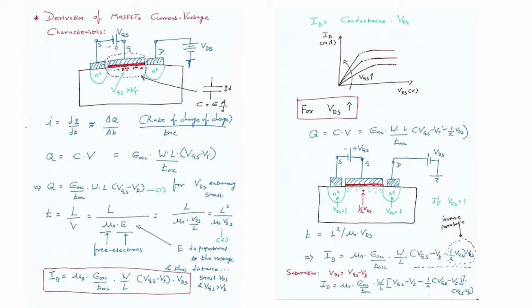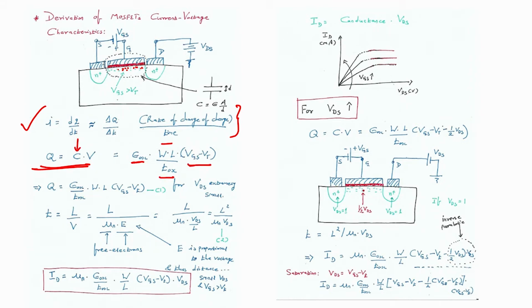But we also know that current is dq by dt, the rate of change of charge with time. Now, what is charge? Charge is C into V. Using the formula for C, epsilon naught W L by T oxide, and V is VGS minus VT.